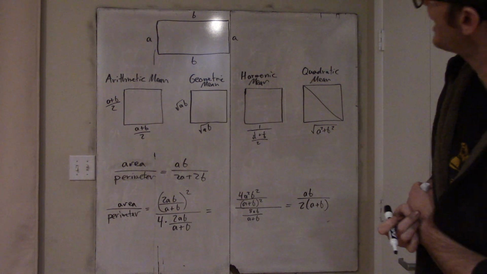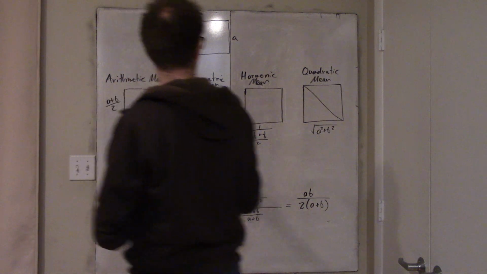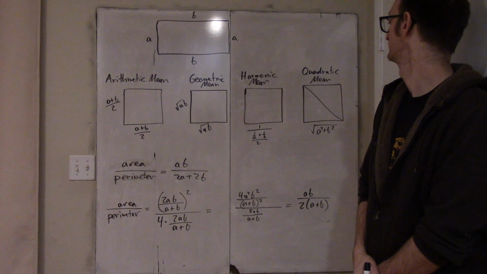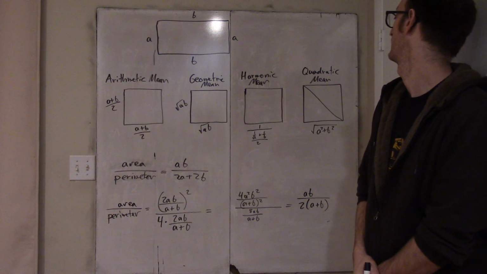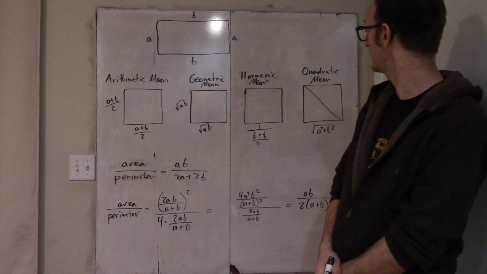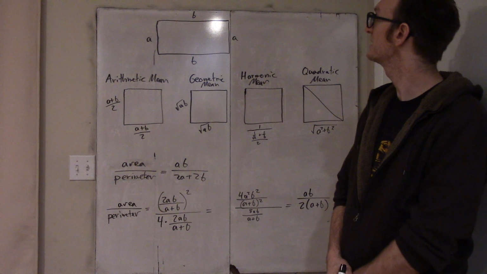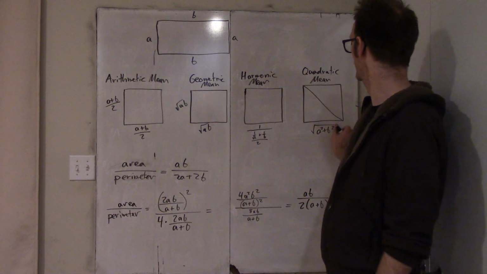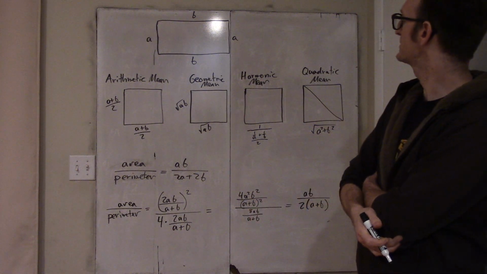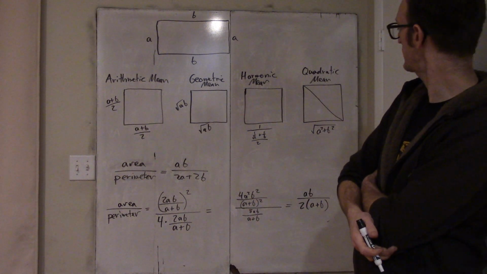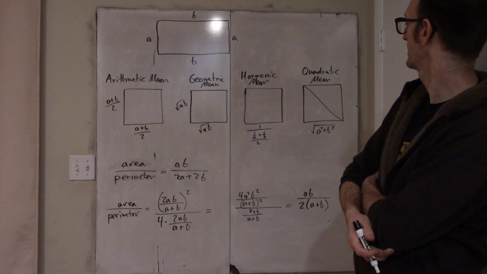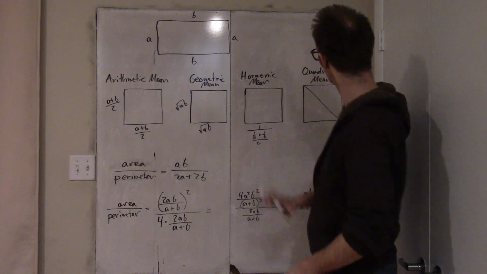It's a square whose diagonal is, something went wrong. I want to say it's the square whose diagonal has the same length as the diagonal of our original rectangle, but no, that's not right. So maybe I just have my formula for the quadratic mean wrong.